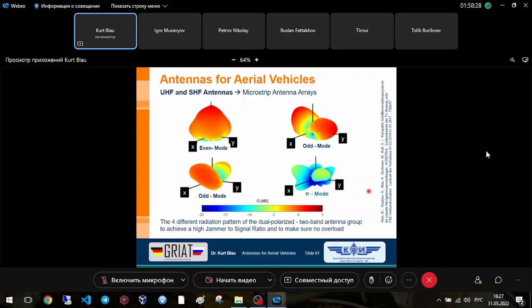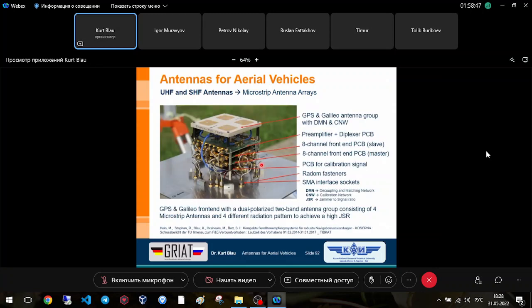This could be realized with these 4 different radiation diagrams on a 2x2 or 4 element array, but with 4 different feed points.